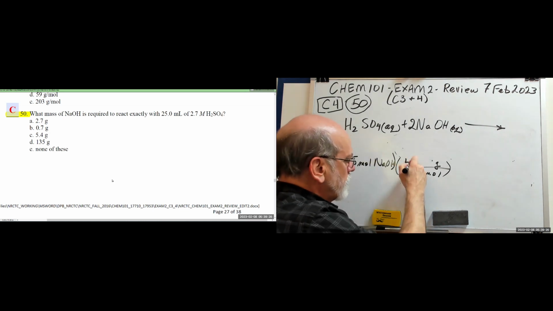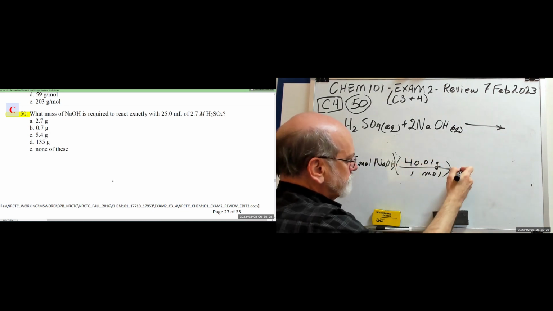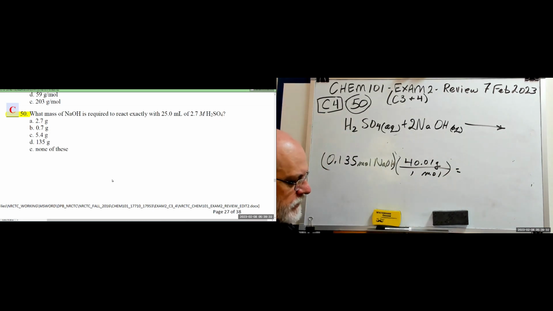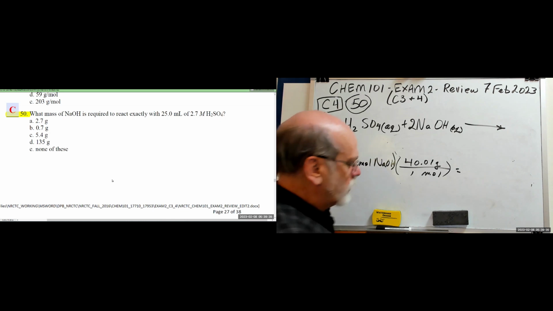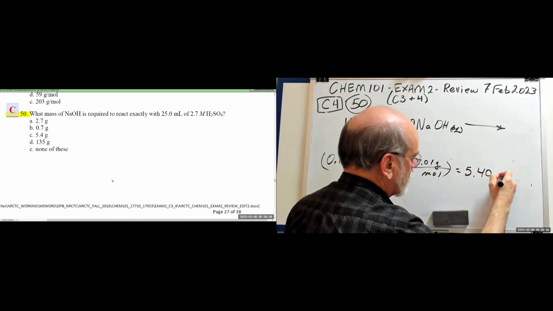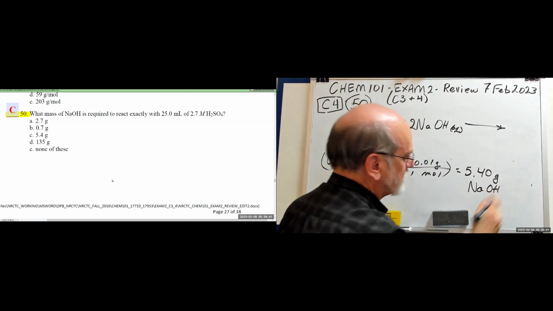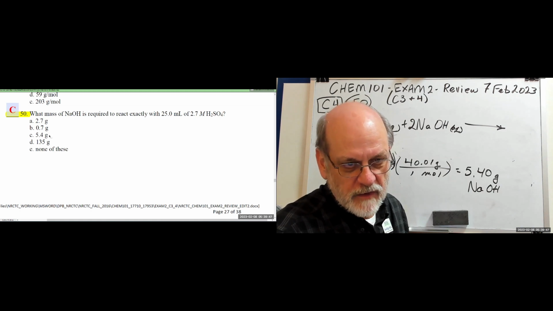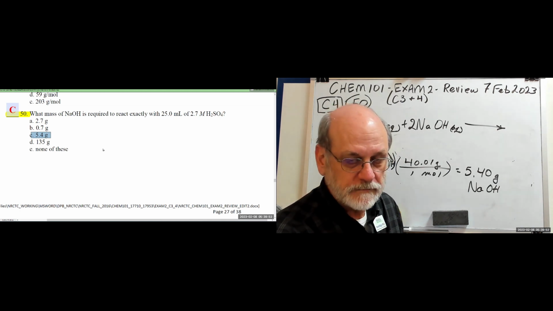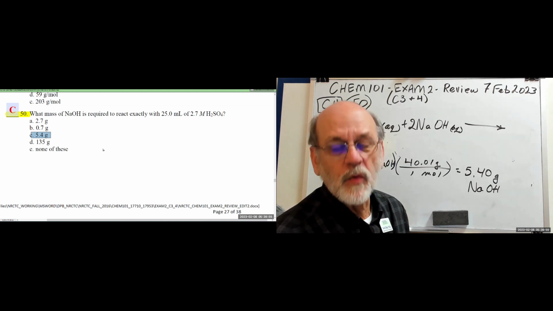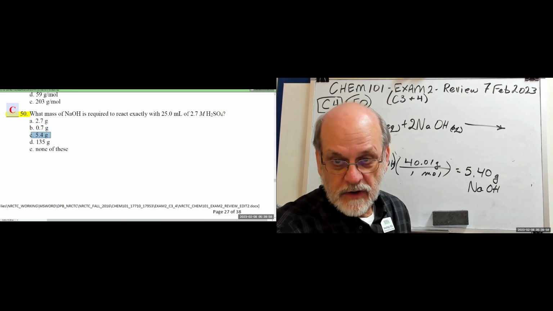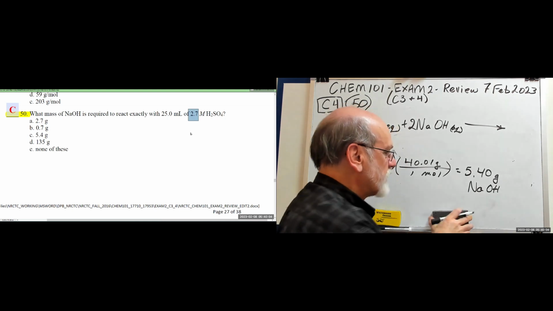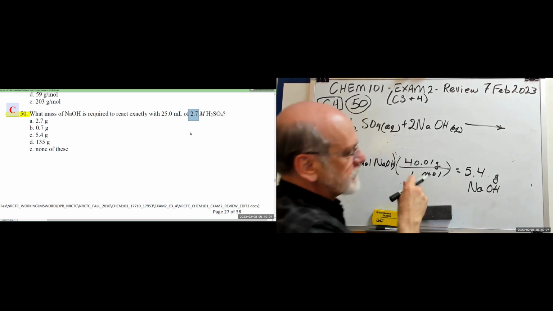So that's 40.01 times 0.135 is 5.40 grams of sodium hydroxide. Best answer is this one right here, 5.4 grams. Oh, I see why it was rounded off to 2 significant figures, because of the 2.7 molar.